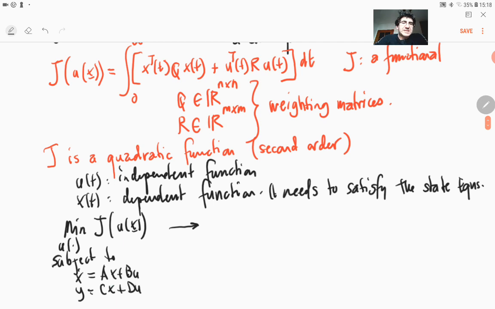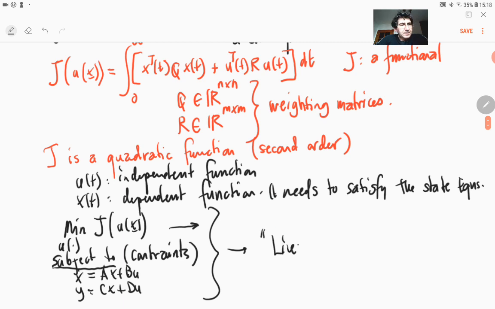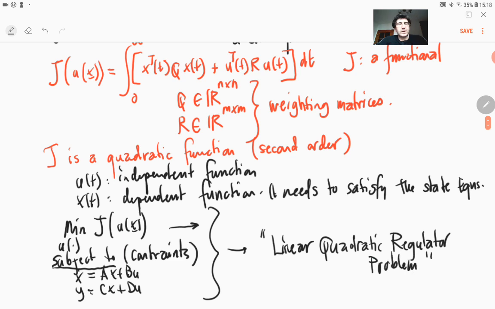When we say subject to, these are known as the constraints of the problem in optimization terminology. So this problem overall is called the linear quadratic regulator problem.